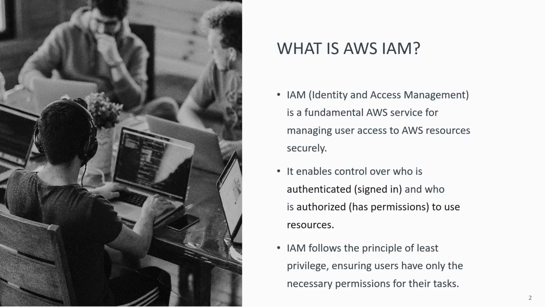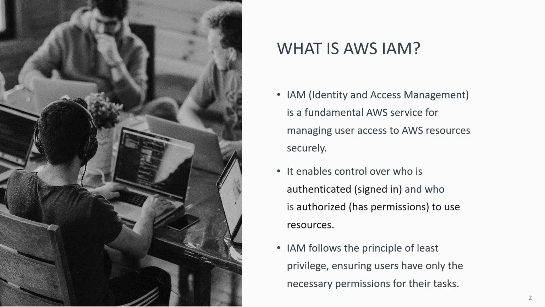What is AWS IAM? IAM is one of the best services of AWS. It is Identity and Access Management. It is the fundamental AWS service for managing user access to AWS resources securely. It enables control over who is authenticated, that means who is allowed to sign into your AWS account, and who is authorized, it means who has the permissions as a user or as a service to use the resources or the AWS services.